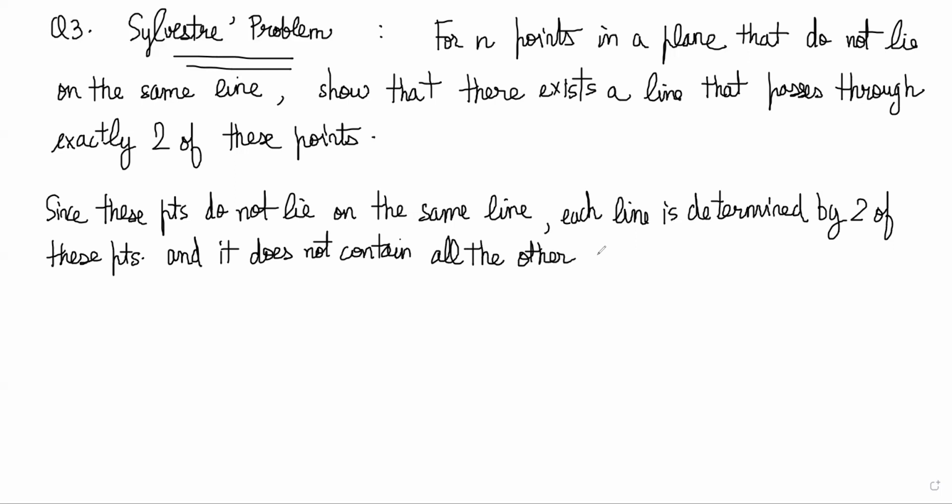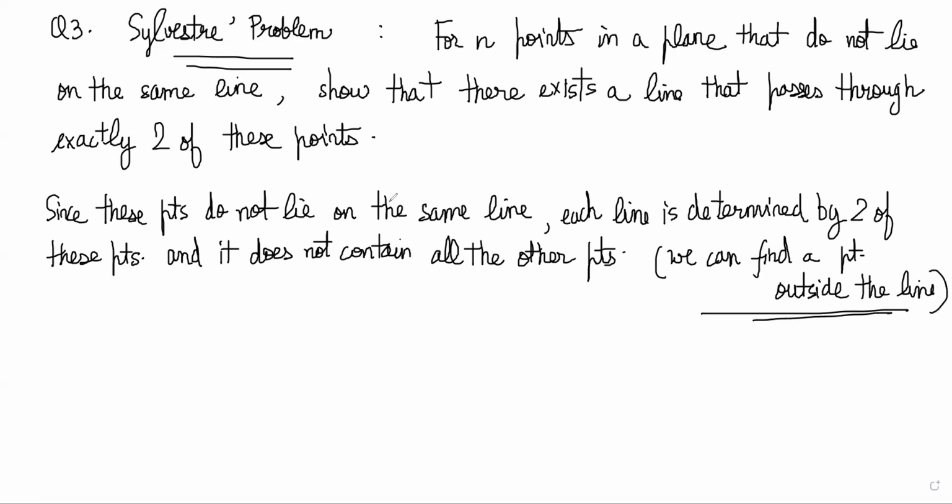Basically what I'm saying is that we can find a chosen point, a point outside this line. Whenever you make a line taking some of the points, you can always find a point outside that line, right? That is true because not all of them lie on the same line. That is given in the problem.